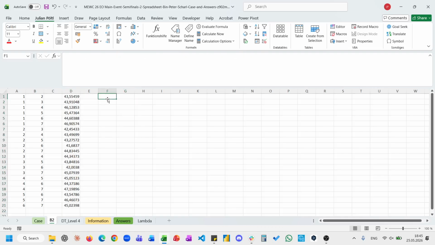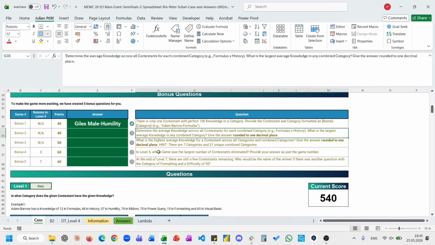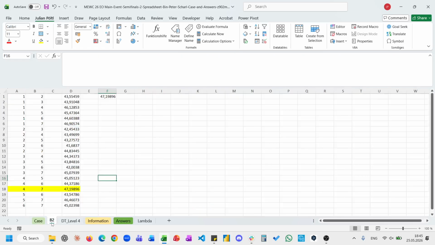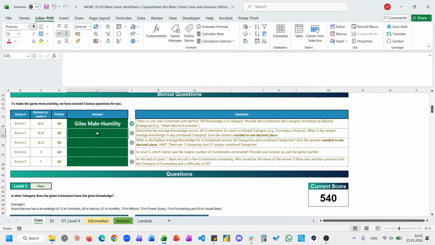Nah. MAX. 47. Where's 47 here? 47. Largest average knowledge. So 47.2. 47.2. Done.